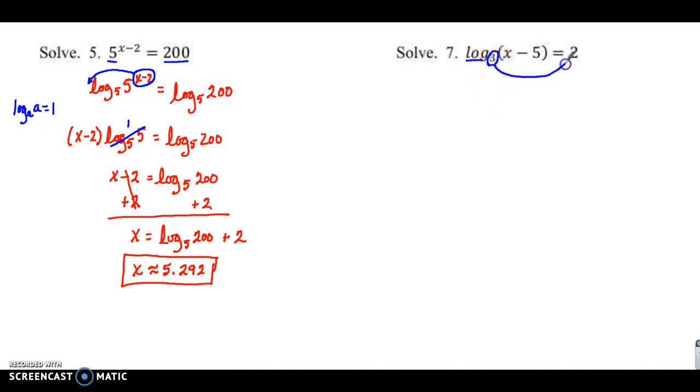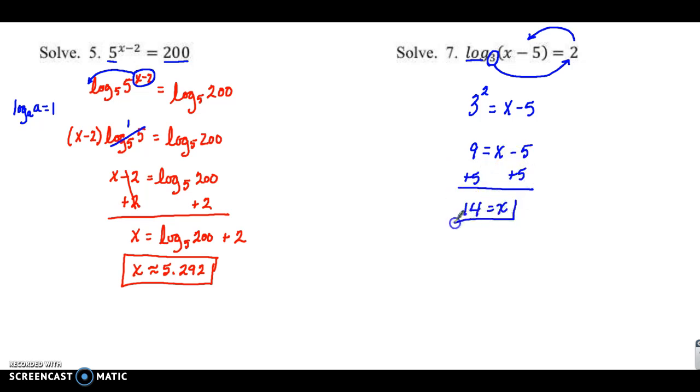We're going to raise it to this power, and it will be equal to this number, which means I'm going to take my base of 3, raise it to the 2, and that should be equal to x minus 5. And if you notice, I know that 3 squared is 9, and then I have a very simple equation to solve. Just move my 5 over, and when I move 5 over, I get 14 is equal to x. And we're good to go.